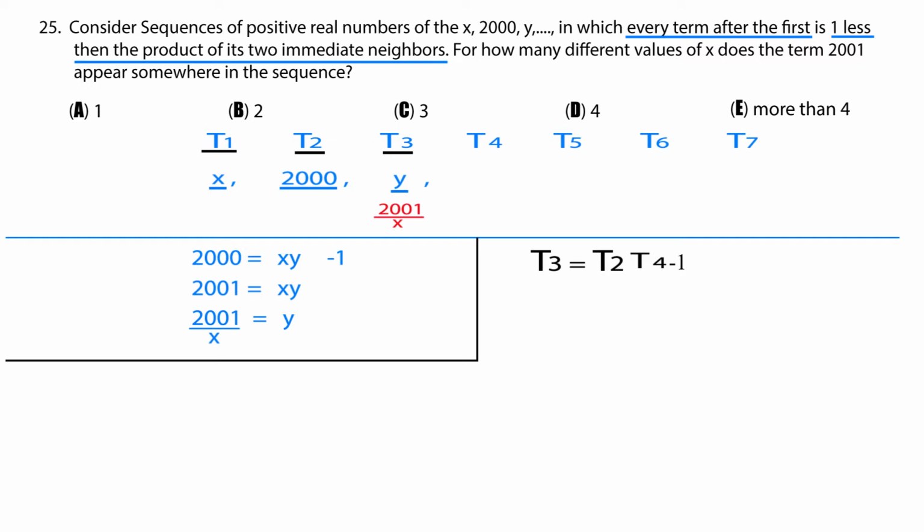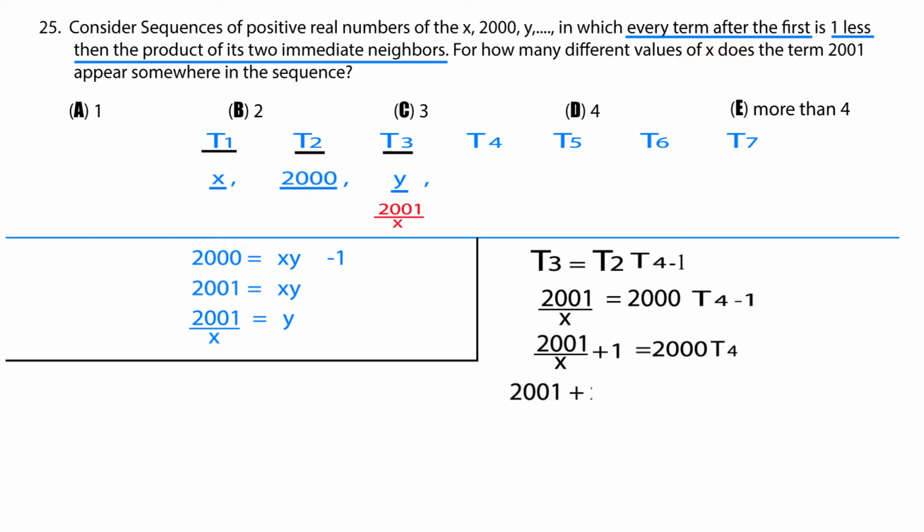So T3, which we already figured out is 2001 over x, is equal to T2, which is 2000, times T4, minus 1. Do a little bit of algebra here, and you get 2001 over x plus 1 is equal to 2000 T4.